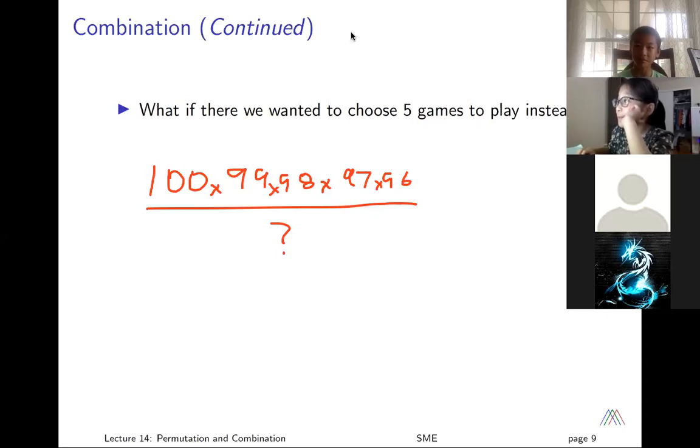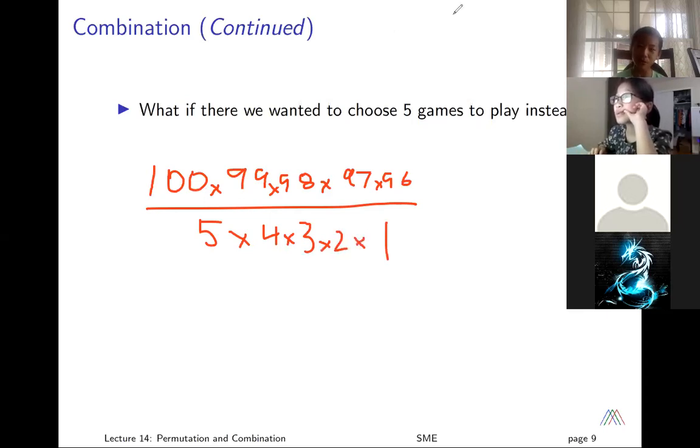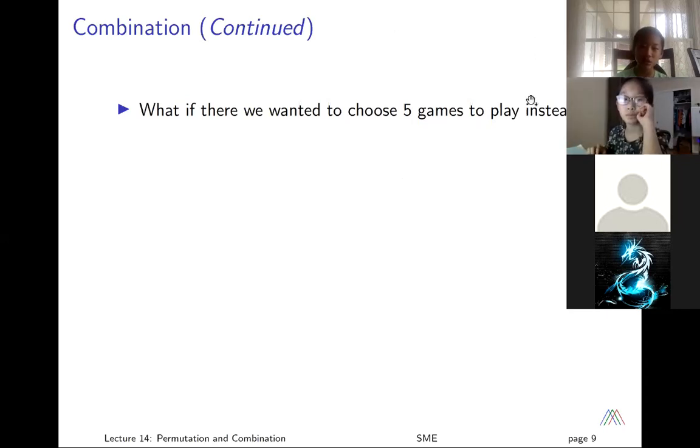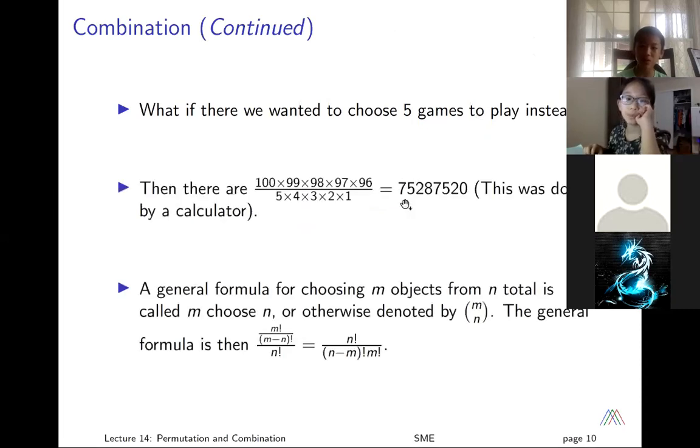So if you want to divide by how many ways you could order 5 games, this would just be 5 times 4 times 3 times 2 times 1, which is a fairly big number. I have the answer planned already in the slide. So the answer was 75,287,520.